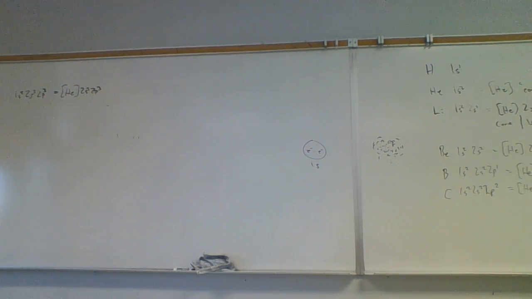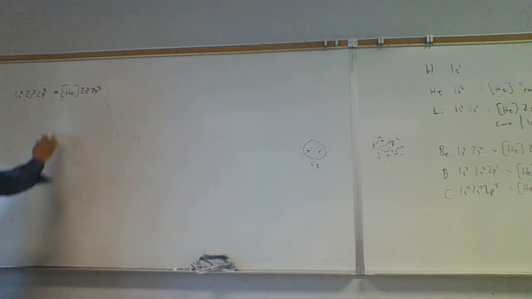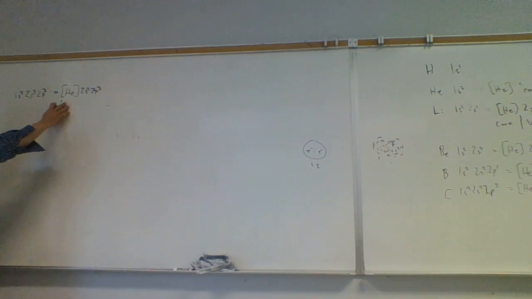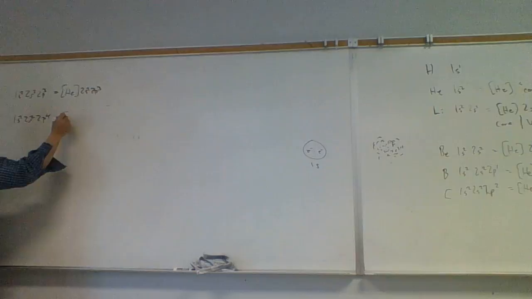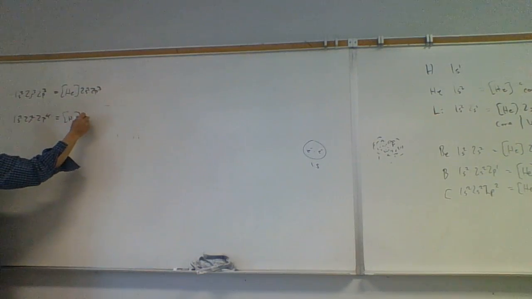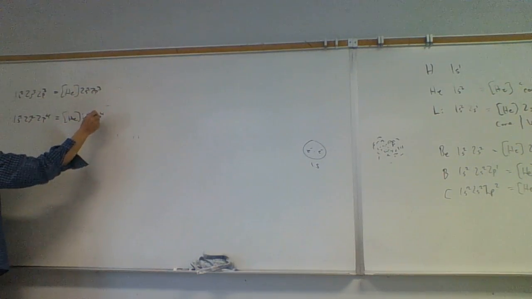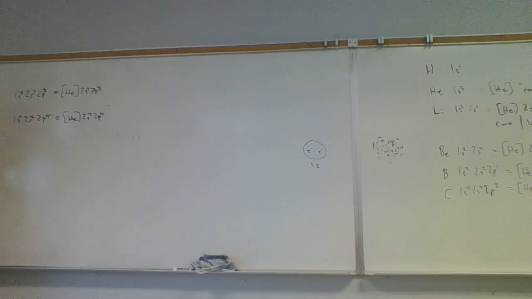We need 8 valence electrons to fill, so it's 3 short. We could fill it, or we could lose 5 and go down to the helium core. Oxygen is 1s2, 2s2, 2p4, which means it's helium, 2s2, 2p4, 2 plus 4, 6 valence electrons total.